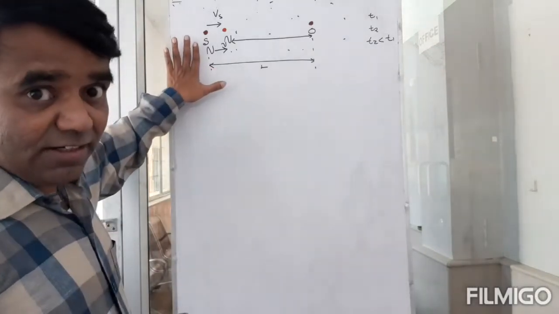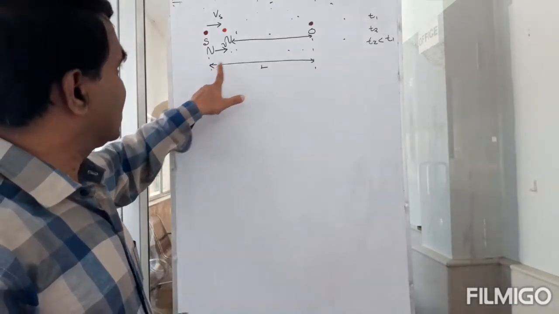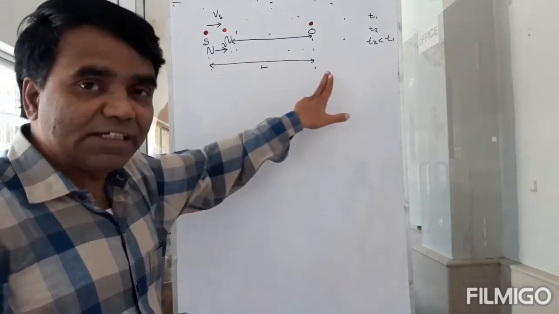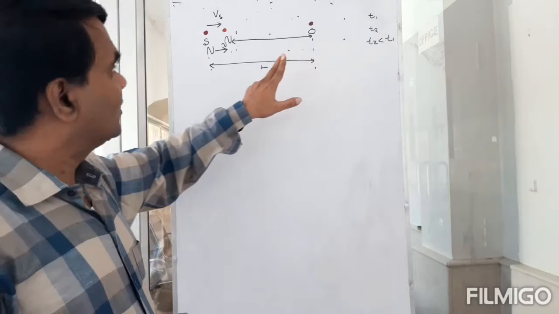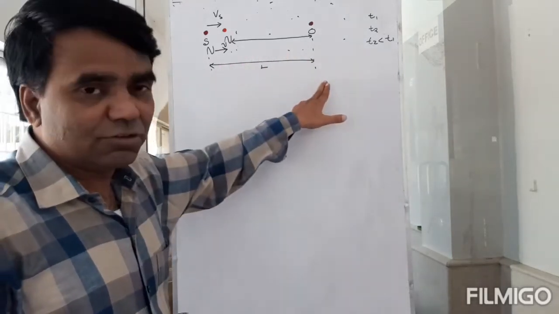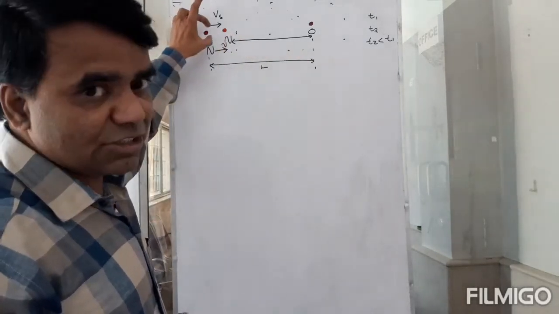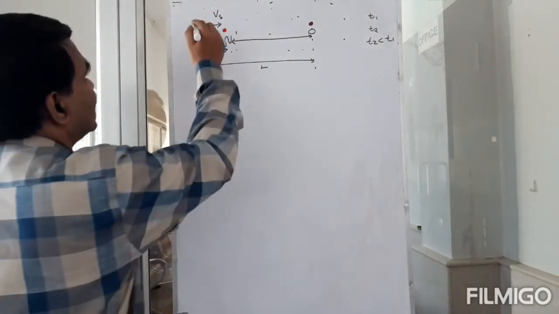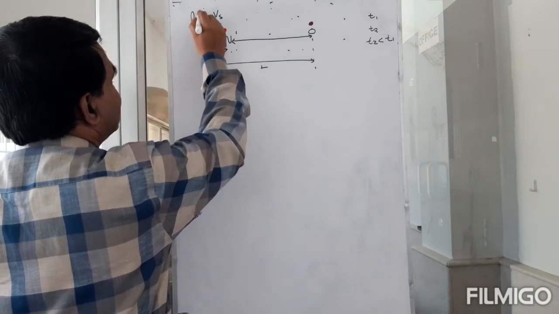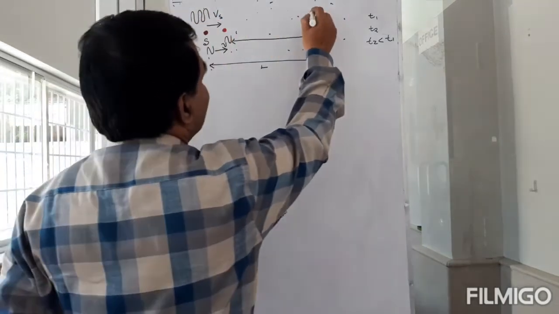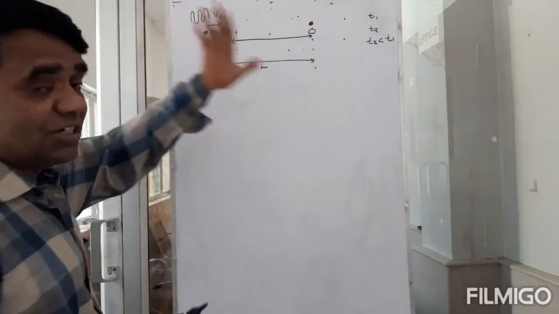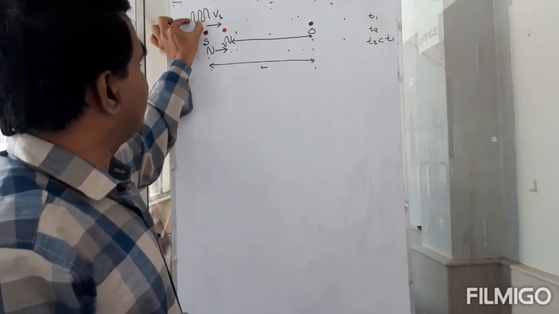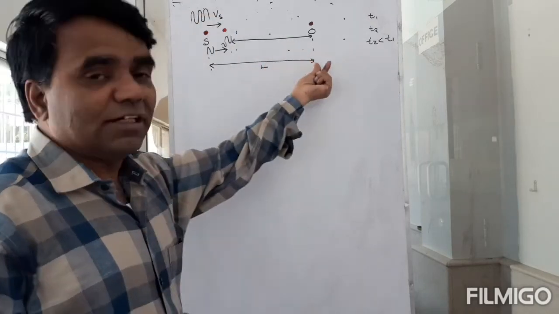If this was stationary, the first wave will take t1. The second wave will also take t1. The third wave will also take t1 to reach you if this was stationary. So this frequency will be the same as this frequency if this was stationary, because the time gap between the pulses will be maintained here also.